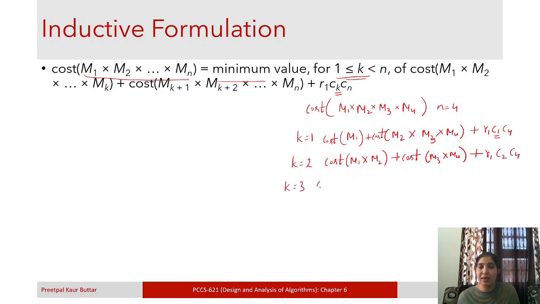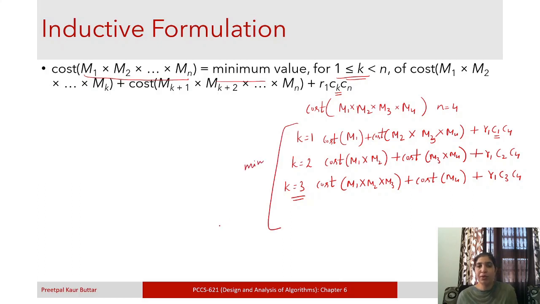Similarly, when k is 3, it will be the cost of multiplying m1 into m2 into m3 plus the cost of multiplying m4 plus the cost of multiplying these two subproducts, which is R1, C3, C4. This is the last option, because k is less than n. So these are three options and we have to choose the minimum of these. That will be our solution. That is the inductive formulation.